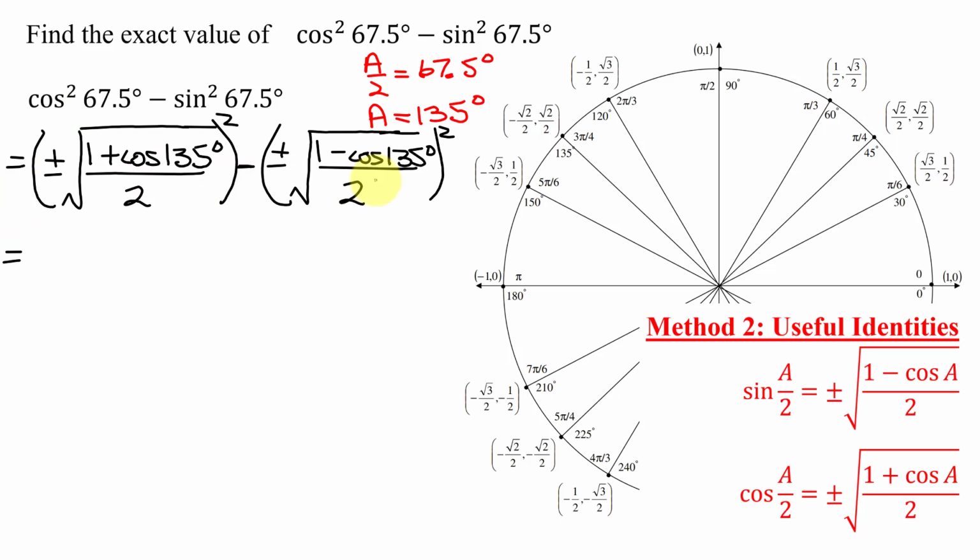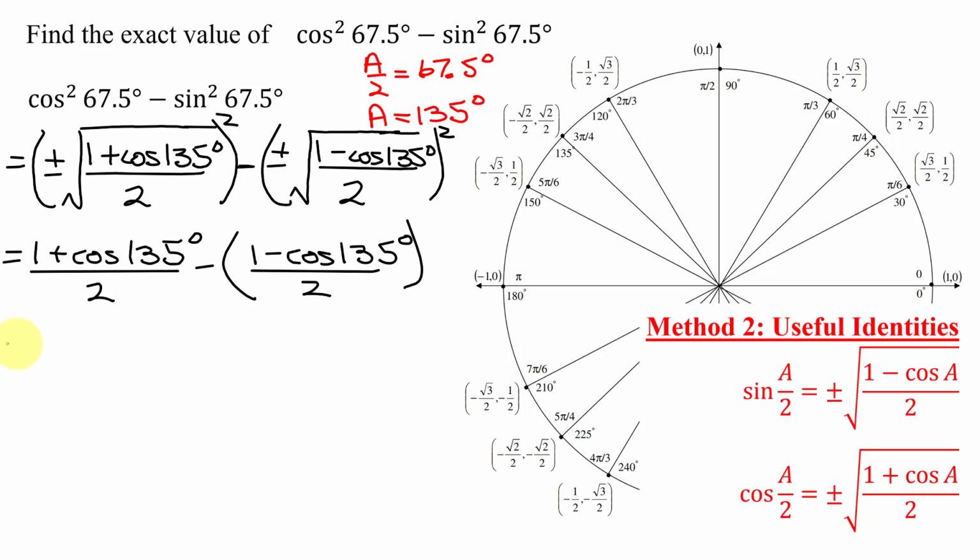Well, this looks like a big mess, but luckily when I square this square root, they undo each other. So I get 1 plus the cosine of 135 degrees divided by 2, minus, you must put parentheses, square this expression, I get 1 minus the cosine of 135 degrees divided by 2.